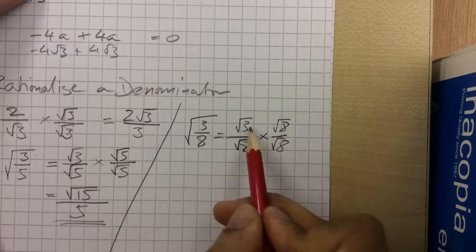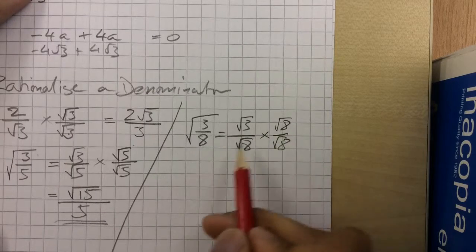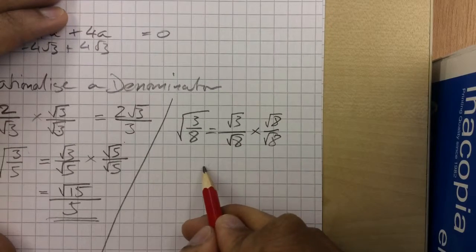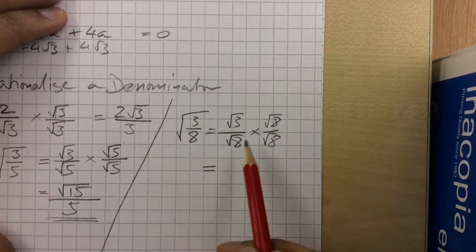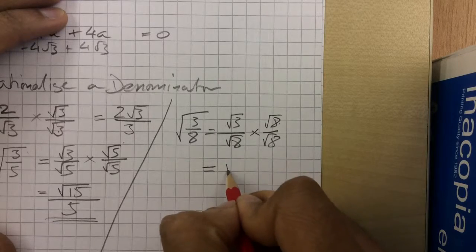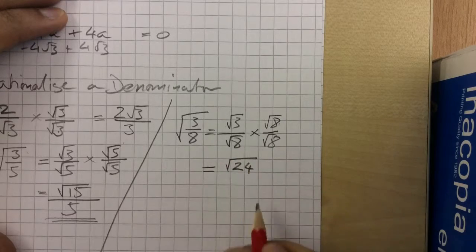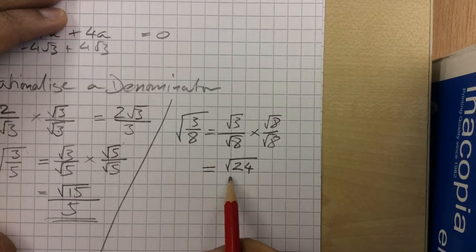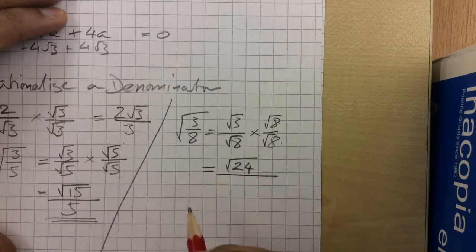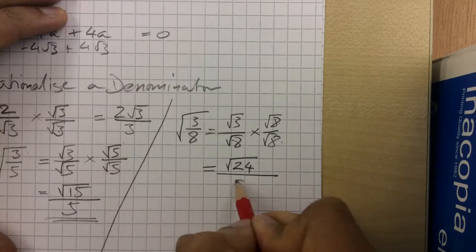Hasn't changed anything. We may find we can simplify this. So let's first rationalize and then we'll look into it. So that's equal to root 3 times root 8 is root of 24. That definitely can simplify because you can immediately see 4 as a factor. And root 8 times root 8 is 8.